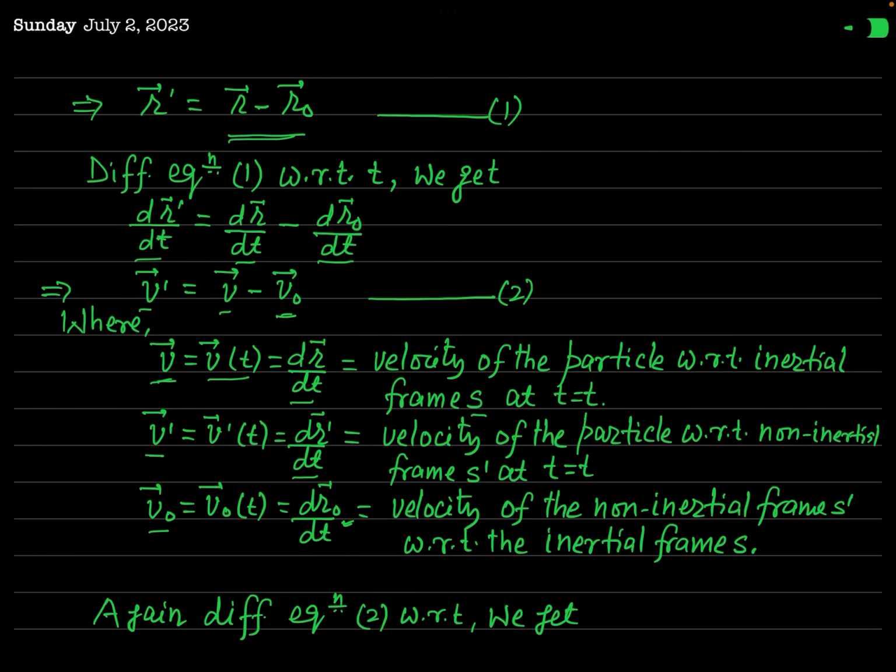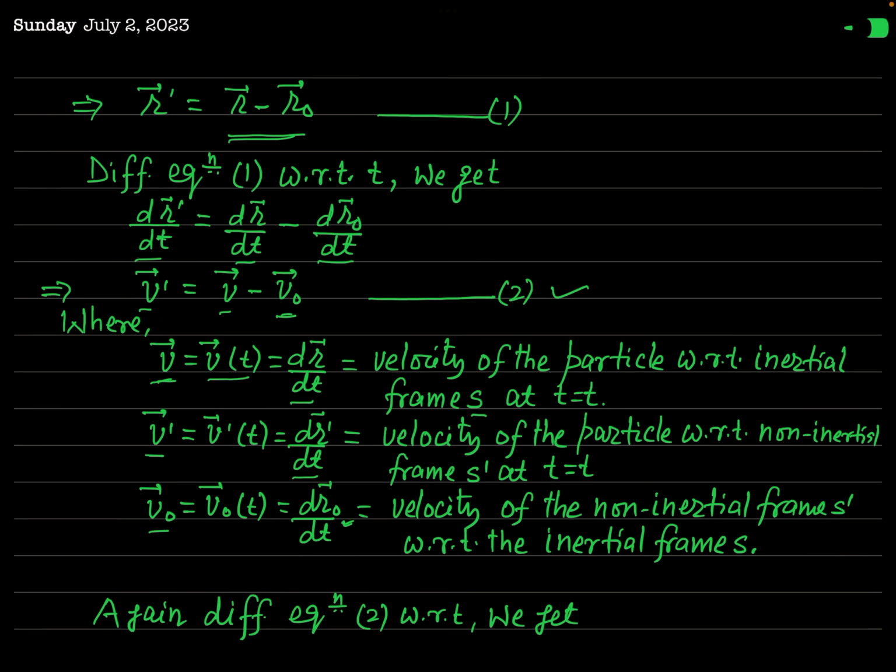But our final aim is what? Our final aim is to relate the acceleration of the particle in two frames. Okay, and for this, the time derivative of velocity, that is dv by dt, is the value of acceleration. So if your aim is to relate the acceleration of the particle in two frames, you must differentiate this equation 2 with respect to time t.